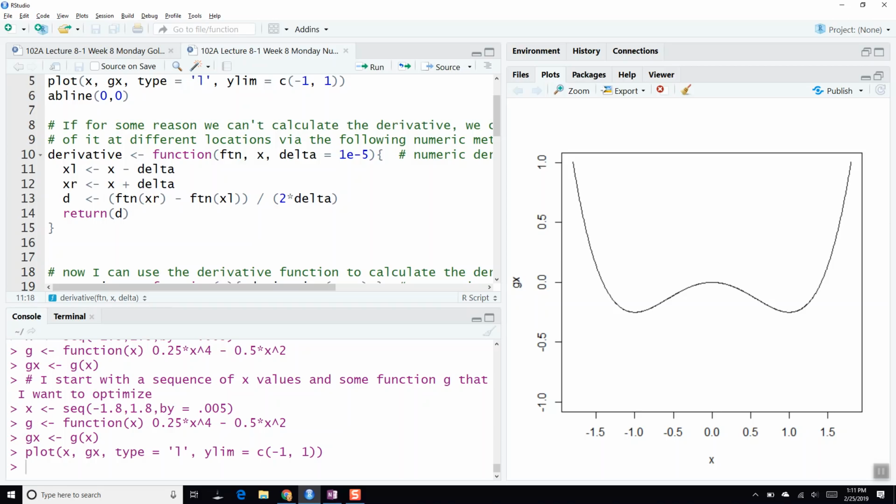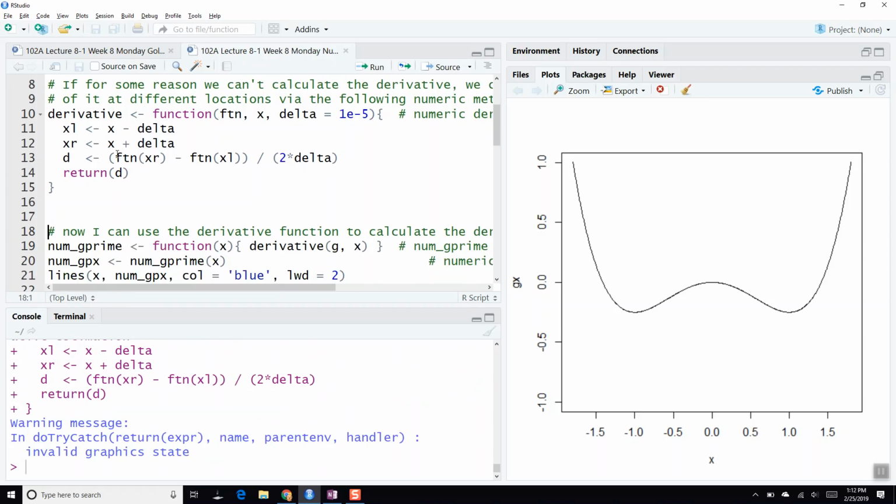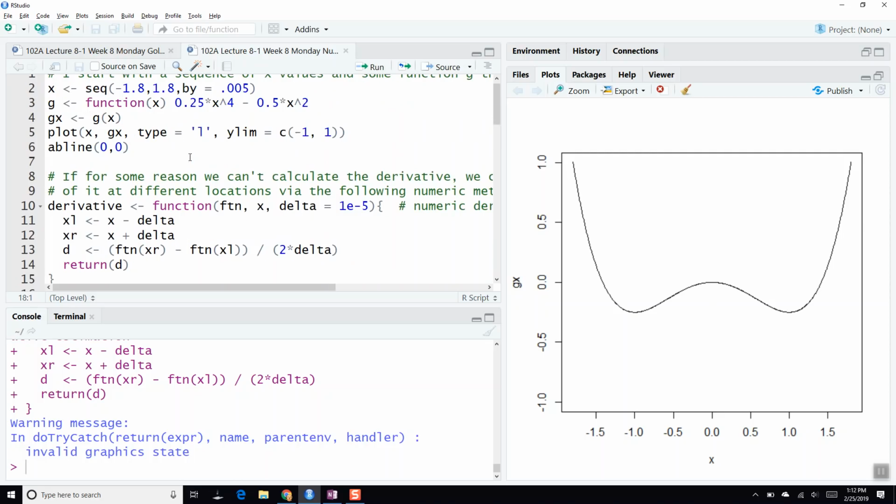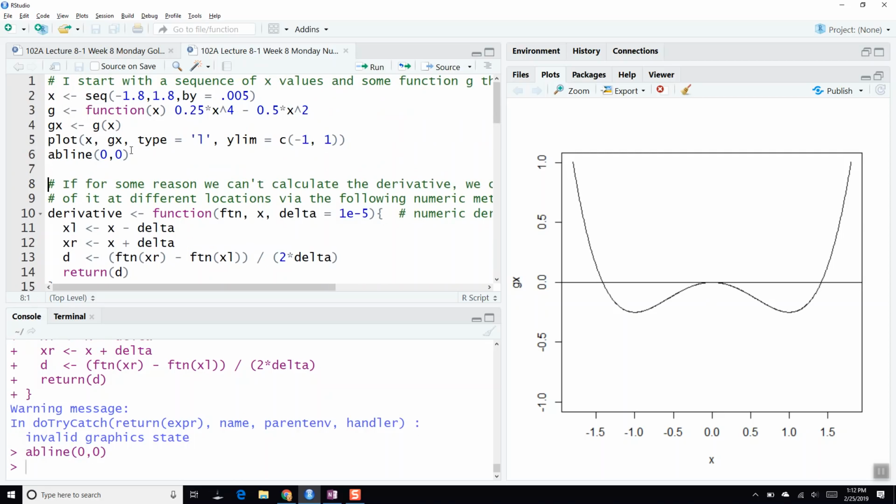And then x on the left is x minus delta, x on the right is x plus delta. We're going to calculate the function at x on the right minus the function at x on the left, and we're going to divide that by 2 delta. And we're going to return that value d. Is that okay? Let me just draw the x-axis here also. So I've got abline at 0, 0.